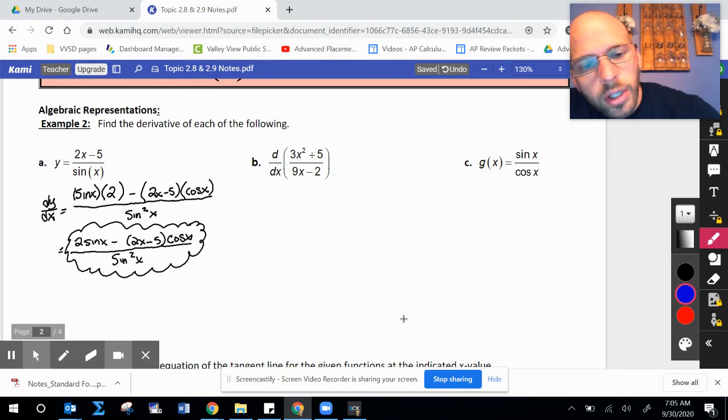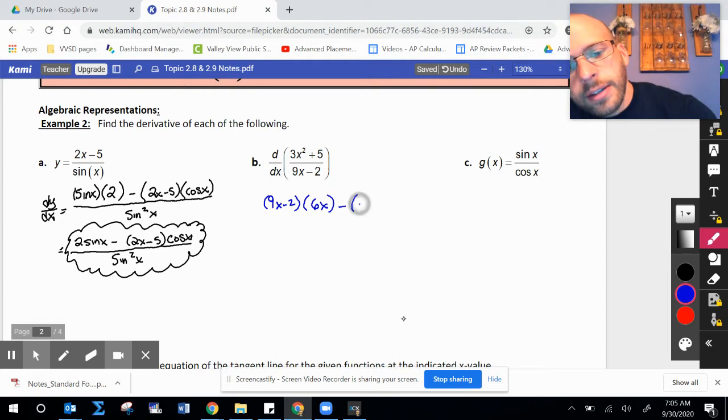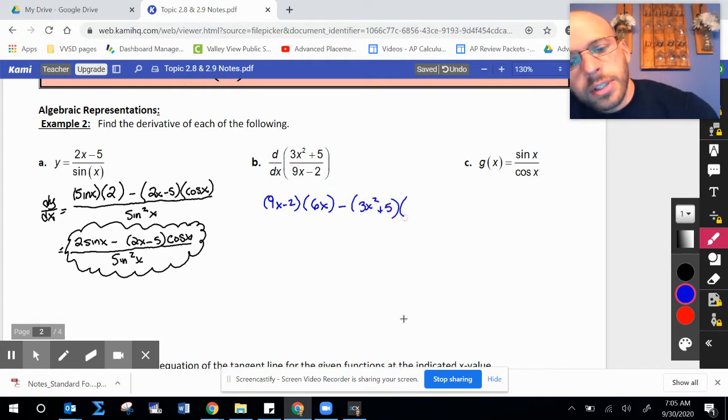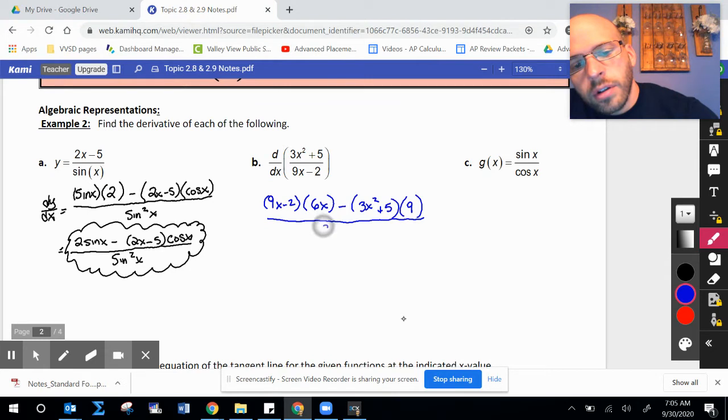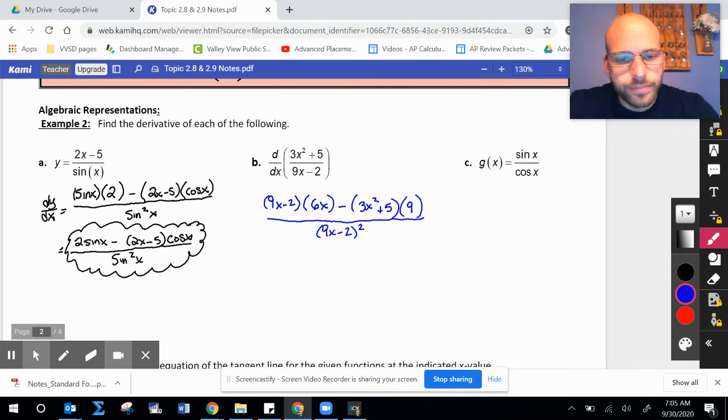So let's do one more. So I'm going to start with low times d high, should be a 6x, minus high times d low, should just be a 9, all over the bottom squared.